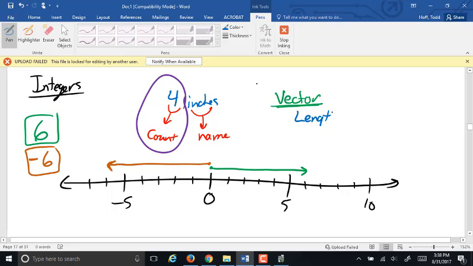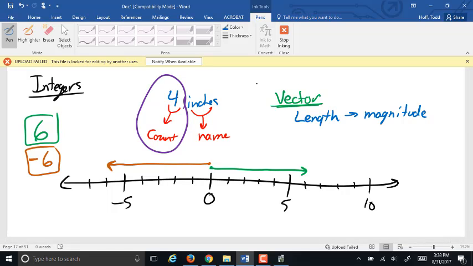That length, you don't necessarily need to know this word, but you'll hear me referring to it a lot, so you need to know what it means. The length is referred to as the magnitude. These two vectors for 6 and negative 6 have the same magnitude, they just go in different directions.